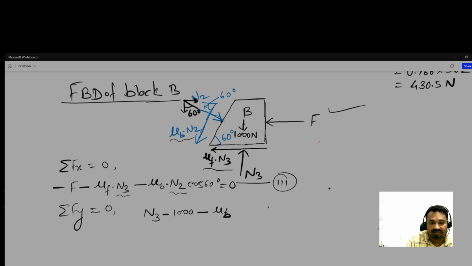So it is N2 sin 60 degree, and the next one, this N2 also we have to take. And it is acting in downward direction, N2 vertical, it is making 60 degree, so that's why cos 60 degree is equal to 0.